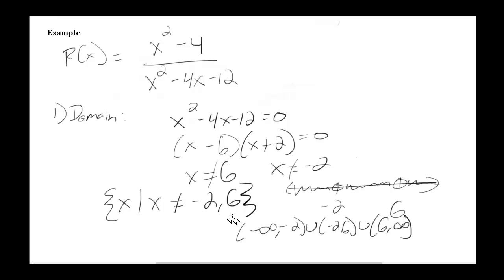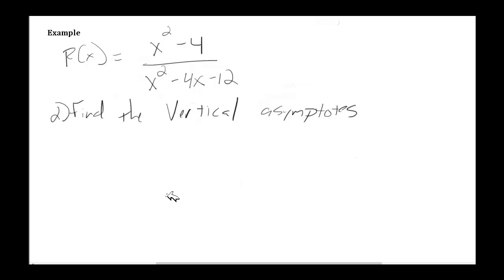Okay, next up, let's find the vertical asymptotes. Remember, it's got to be in lowest terms. So what I'm going to do first is simplify. This goes back to simplifying rational expressions.